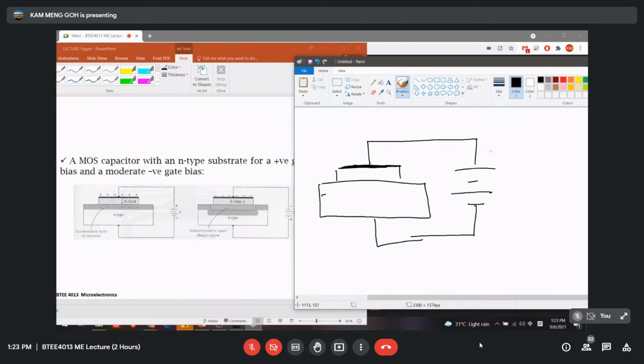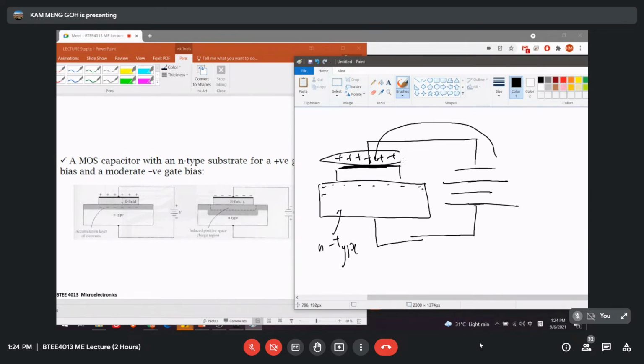So positive charge comes to here. Here is full of positive charge. This one is an n-type, so most of the electrons will be attracted to here. Same thing.